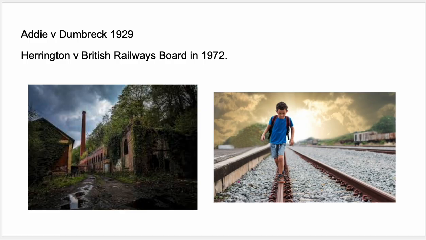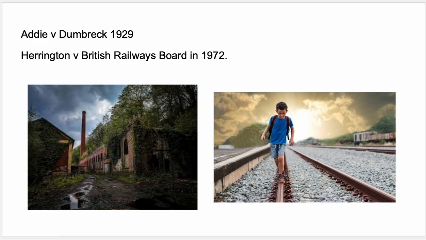Now, this changed in 1972. Remember, the practice statement had come in 1966. So another case came, Harrington versus British Railway Board in 1972. It's a not dissimilar case really, because in this case, a child trespassed on an electrified railway and was seriously injured.